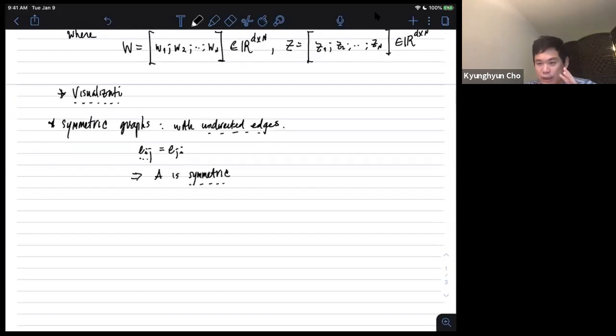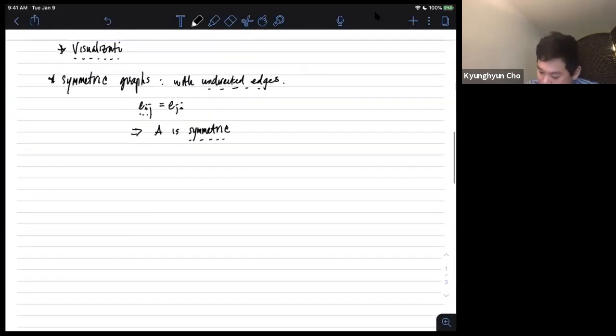Now in this symmetric case, we have to be a bit careful. If we want to simply solve A minus W transpose Z with the asymmetric formulation, this problem can very well be solved on its own.